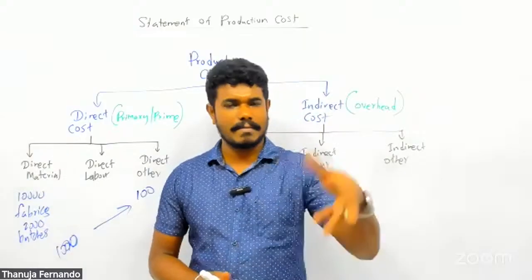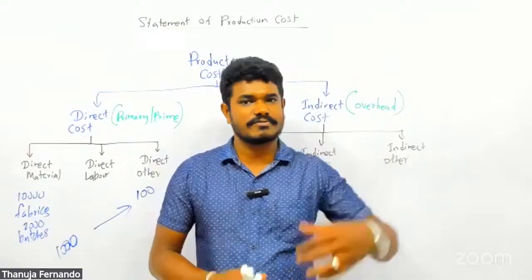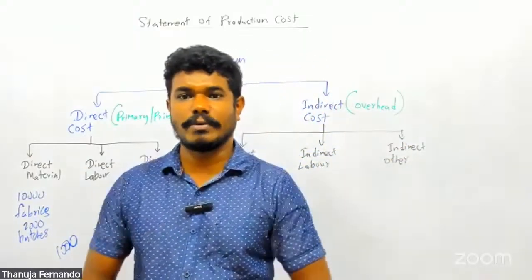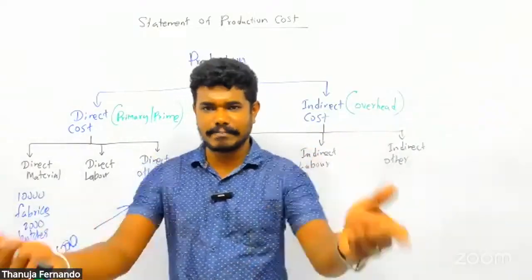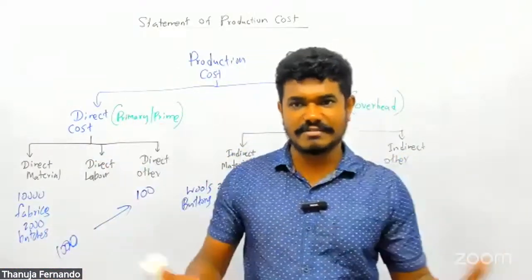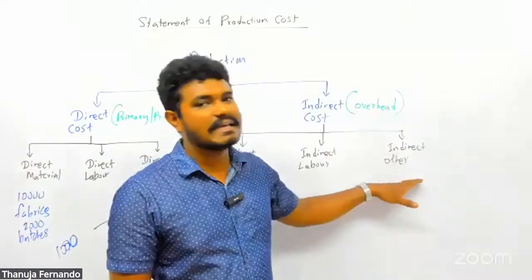If there are repairs in the factory, repairs for machines, repairs for the buildings, machine depreciation, building depreciation, services and related things, all those we can consider as indirect other.